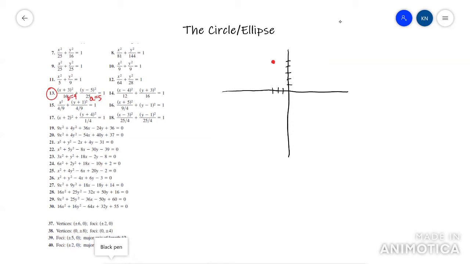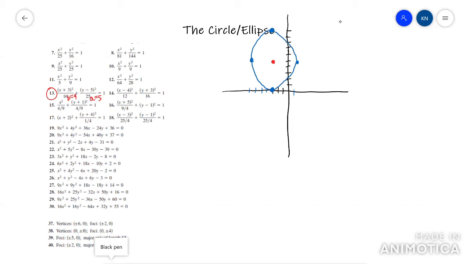So that means vertically I'm going to go up 5, down 5. We're going to kind of run out of room, but that's okay. And then left and right 4. This is a vertical ellipse.